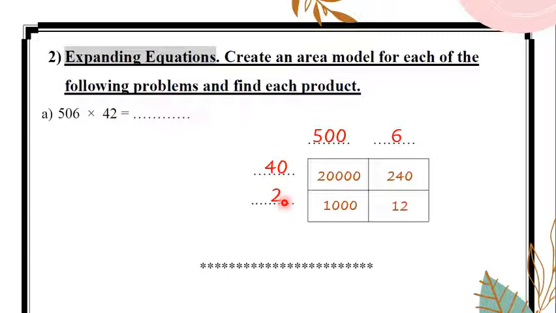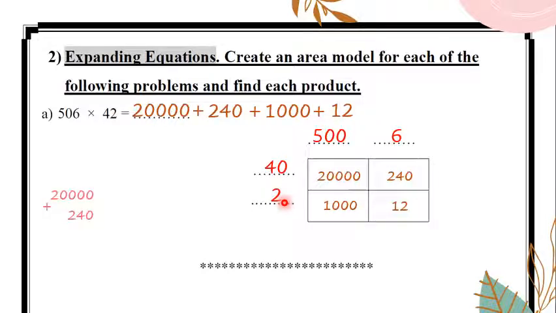After that, let's add. 20,000 plus 240 plus 1,000 plus 12. In a draft, 20,000 plus 240 plus 1,000 plus 12.